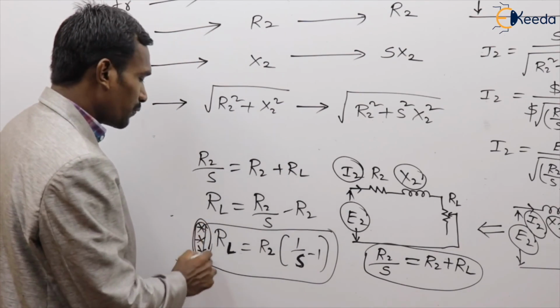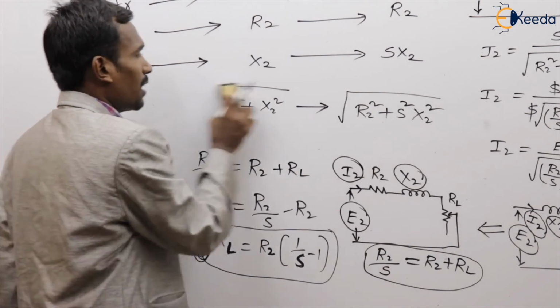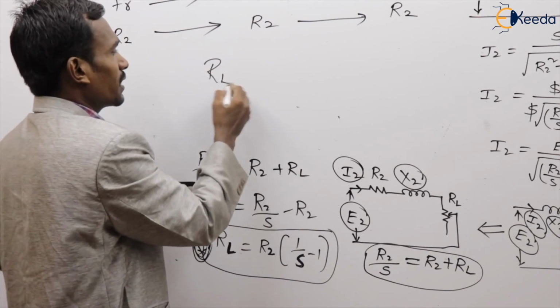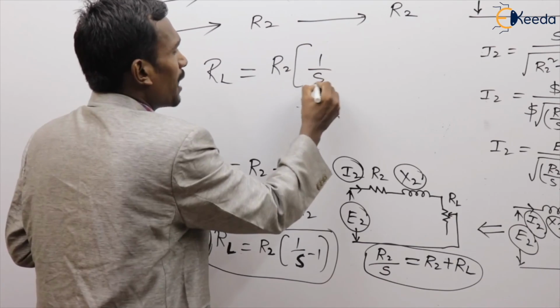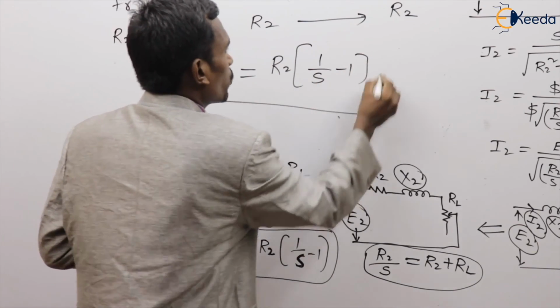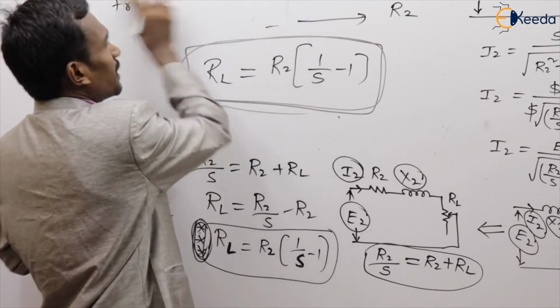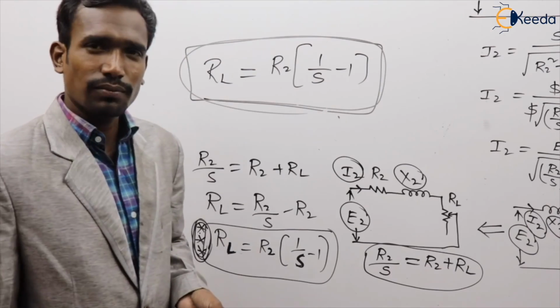Finally, we got the formula for load resistance: RL is equal to R2 into (1 by S minus 1). This is a very important formula for us.